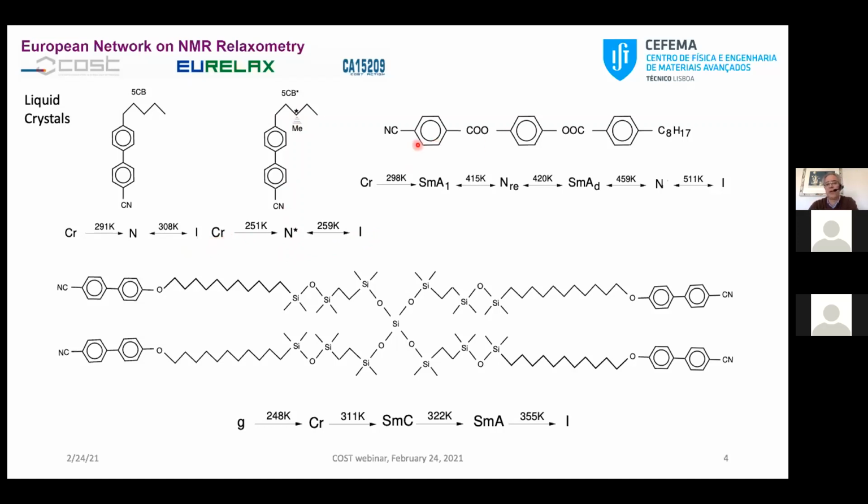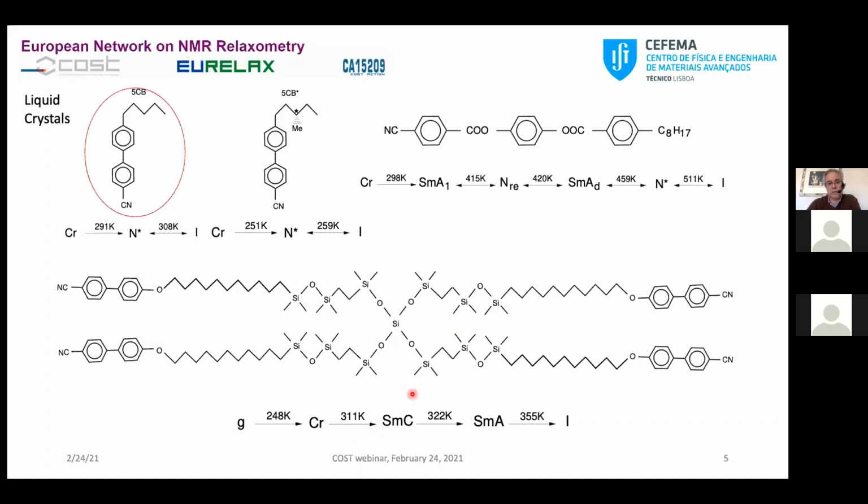And if we increase the number of benzene rings in the compounds, as in this case, the number of phases that can appear between the isotropic and the crystalline increases dramatically. Of course, in this game of organic chemistry, we just put more and more elements, and you can create very complex systems presenting very nice polymorphisms and different phases.